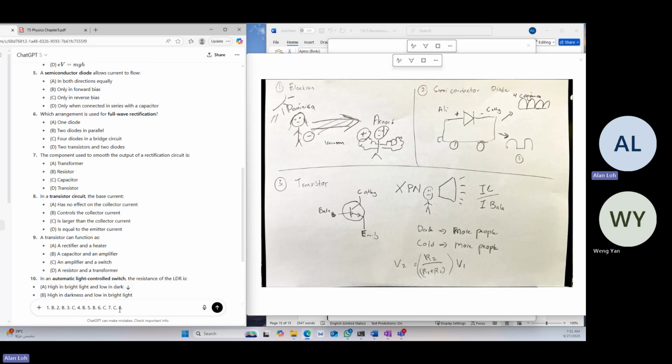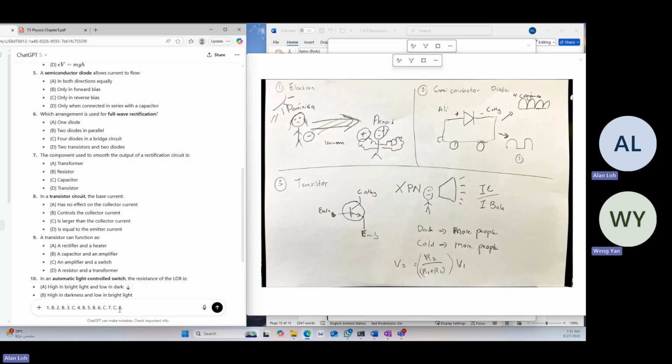Transistor circuit. Oh, this one is, no, this is the third row. This is the base, collector, emitter.